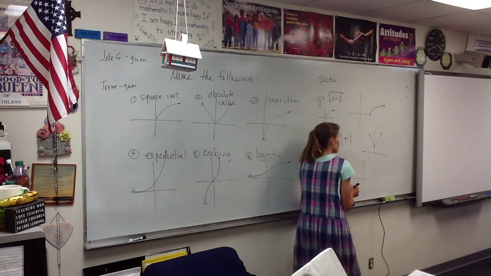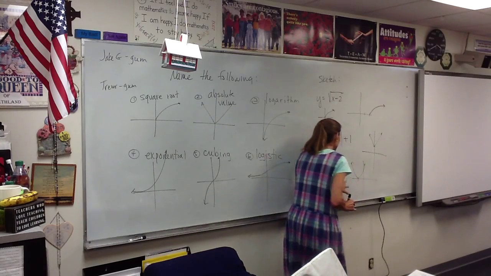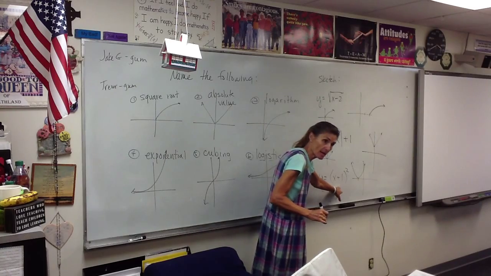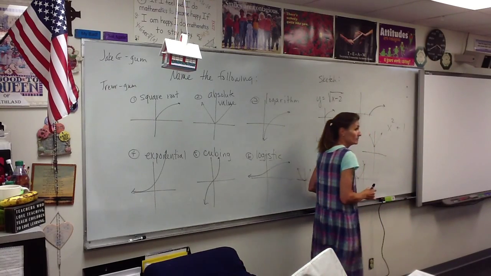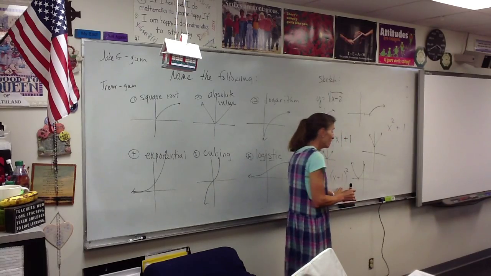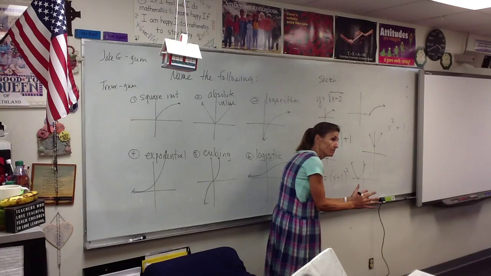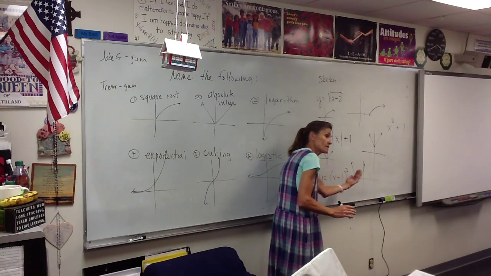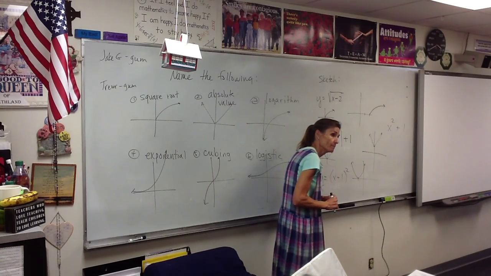Left 1. If we were going to move this up or down, it would have to be x squared plus something. But when we put the 1 right in the parentheses with the x, that's a shift sideways. And plus 1 goes left 1.